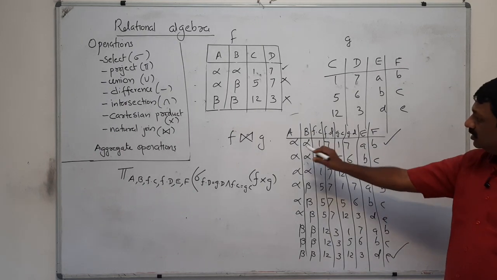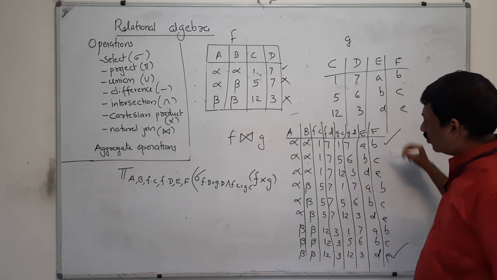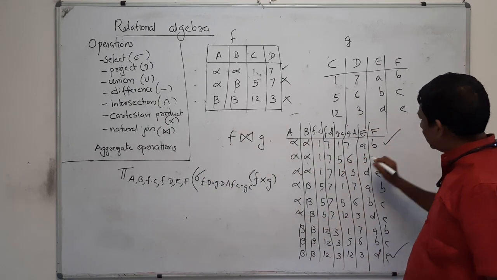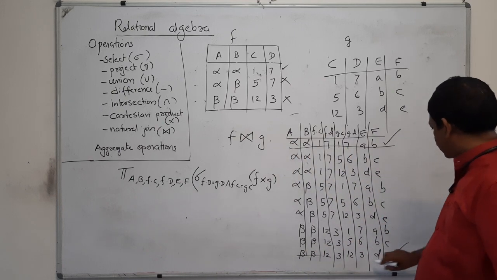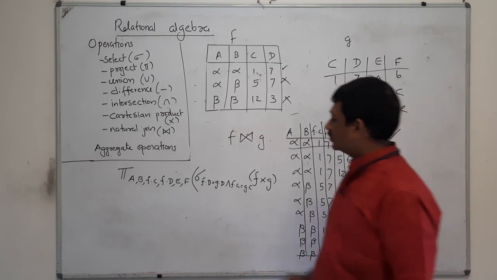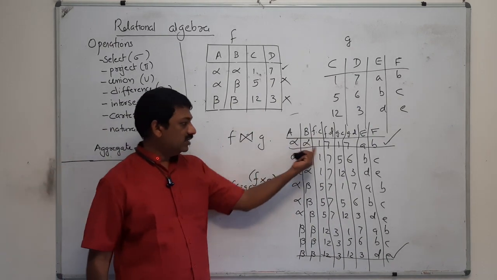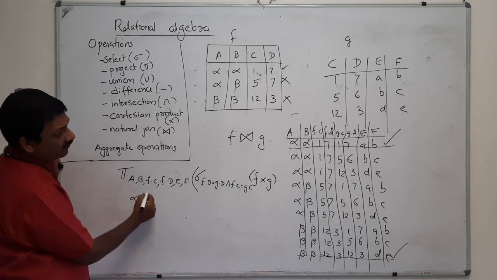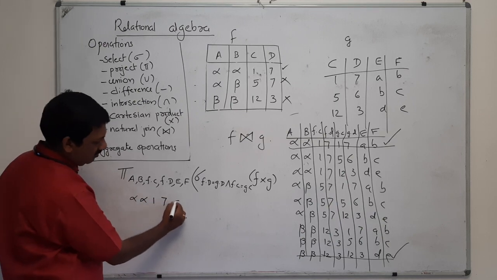That means the result of F cross G is this much. If you are applying this selection statement, you have selected two tuples. That means this tuple and this tuple you have selected. From those tuples you are going to select A, B, F.C, F.D, E, F. So if you select, A is alpha, B is alpha, F.C is 1, 7, E, F is AB.